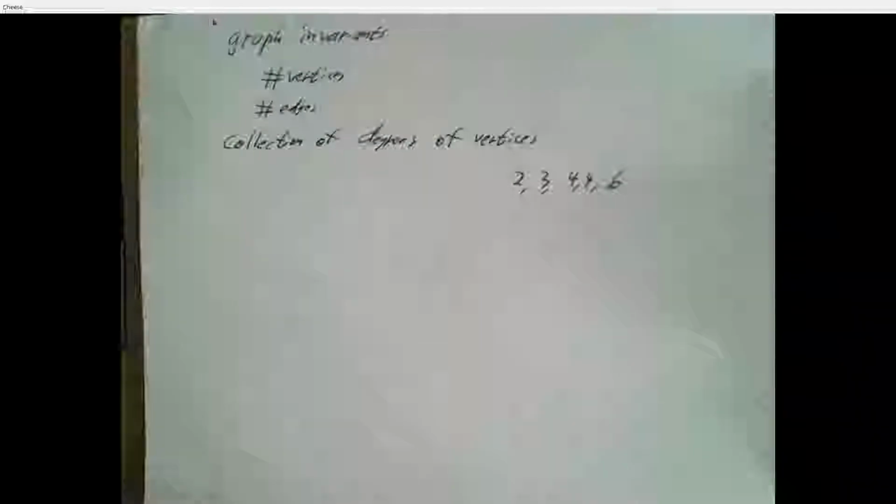Right? Isomorphism should not change the degree of each vertex, and that corresponds from preserving adjacency.